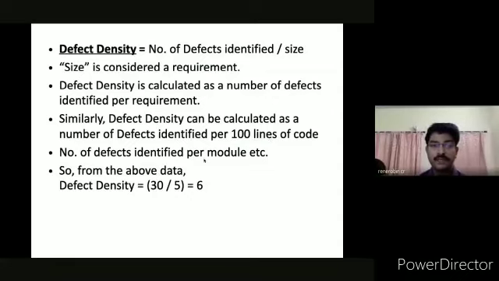Or the number of defects identified per module, etc. These are all various things, but for our case study, the given base data is the number of requirements. So the formula for defect density is the number of defects identified divided by size, which is equal to 30 divided by 5, which is equal to 6.